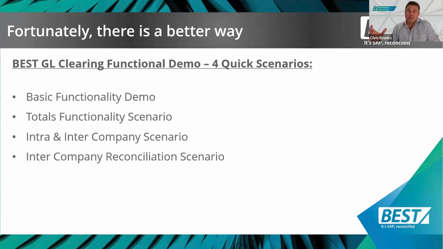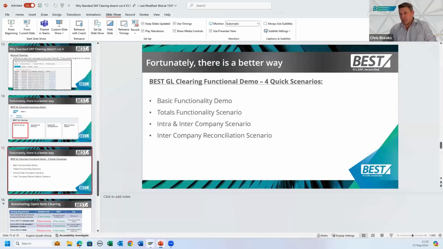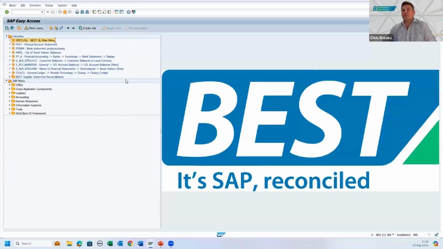And also how we can use this as almost like a reconciliation tool that can be complementary to an intercompany reconciliation approach that you might be going through at month end. Okay, so with that said, I'm just going to jump straight into SAP.